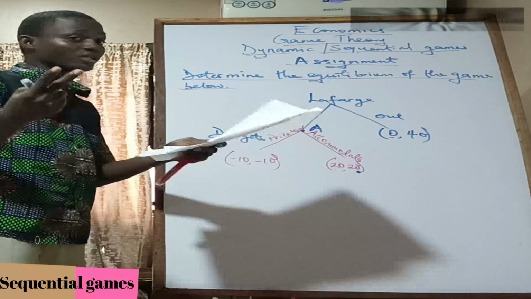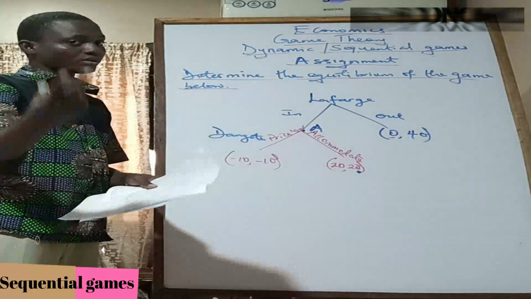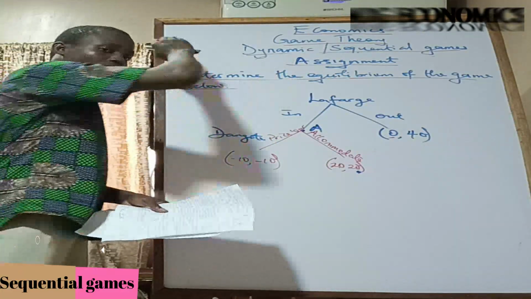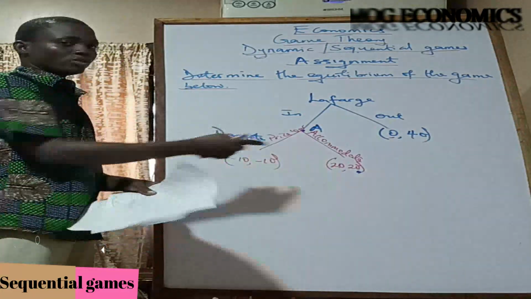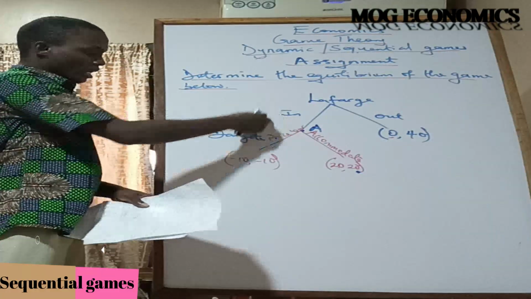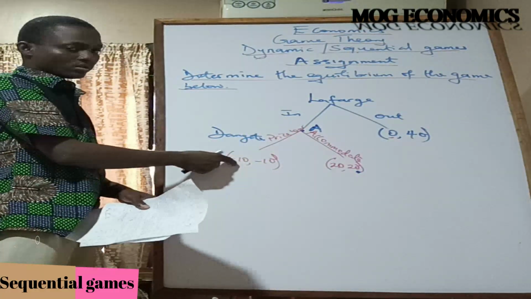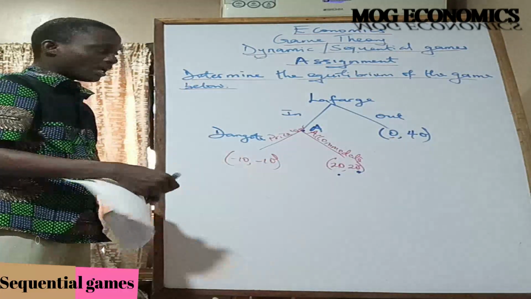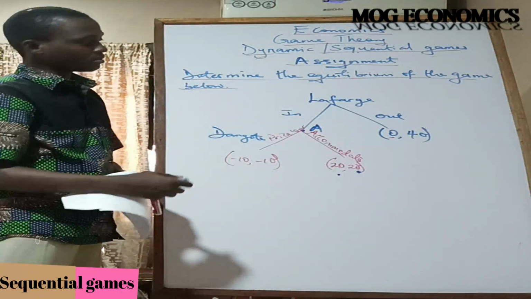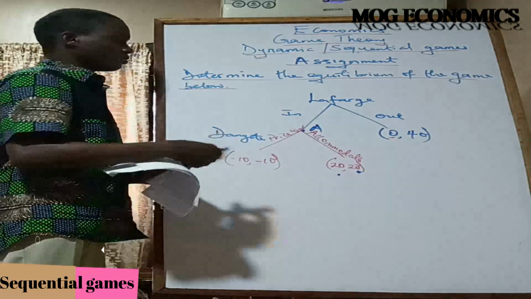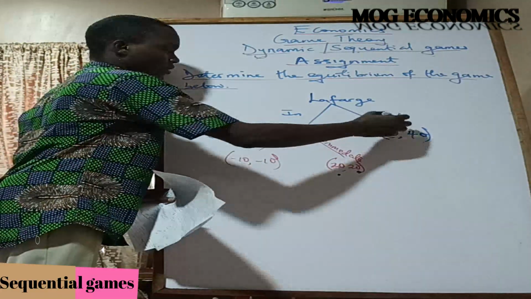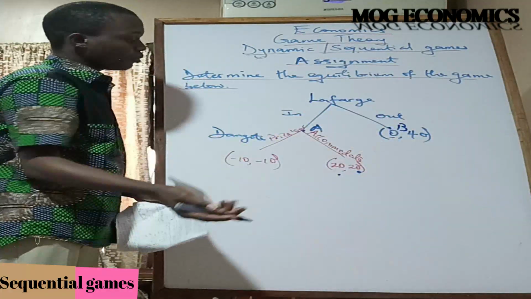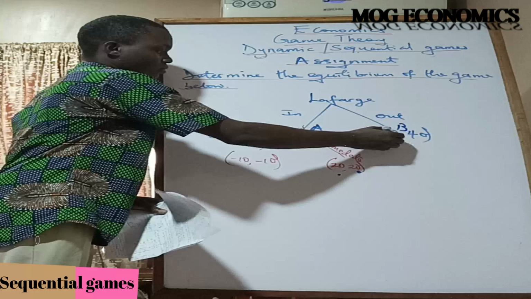But Lafarge has to look at the overall considerations. He also has to compare his two strategies. Dangote has compared his two strategies, price war and accommodate. So Lafarge has to compare in and out. If Lafarge chooses to go into this market, it can get a minus 10, or it can get a 20. And if it decides to stay out, at this point, it's only going to get a 0.